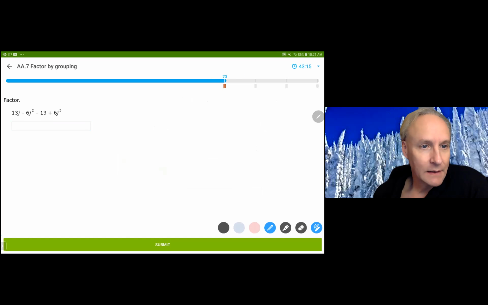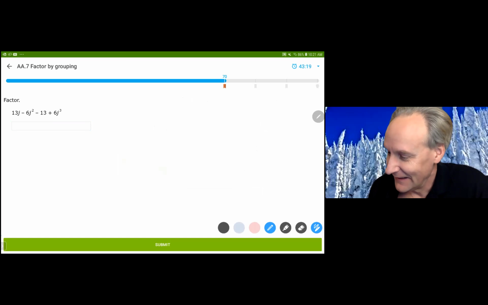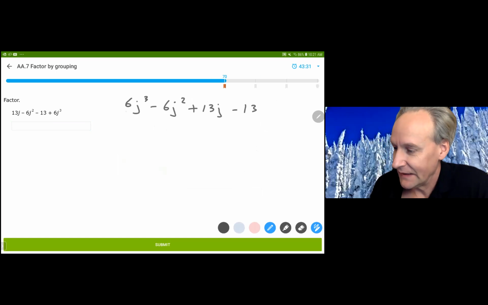Bad, bad, bad. Okay. They're going to trick me. All right, I'm going to rewrite it. 6j cubed minus 6j squared plus 13j minus 13. We'll take out the 6j squared, and we get a j minus 1.